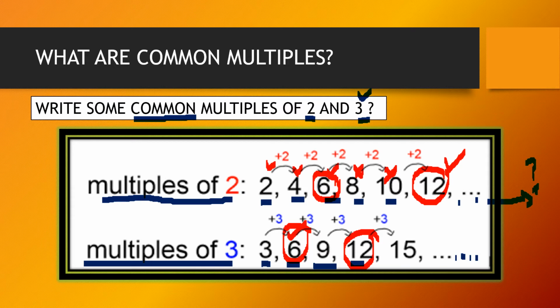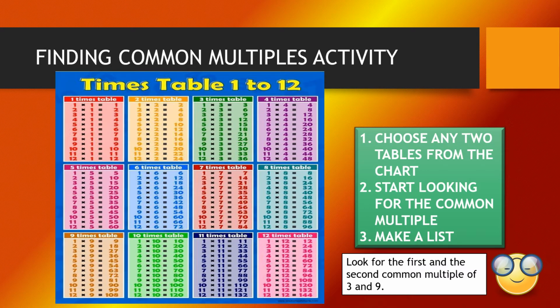Easy? So children, here I have come up with a very interesting activity for you, and for your comfort I have given you the tables 1 to 12. All you have to do is think of any two numbers, and then start looking for the common multiples of those. It can be the first multiple, it can be the second multiple.